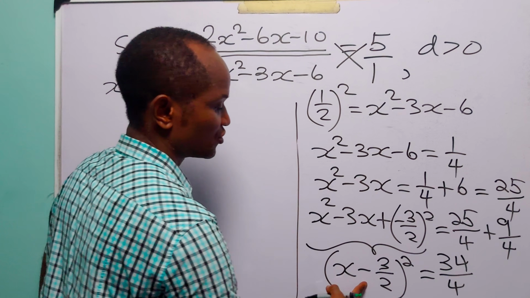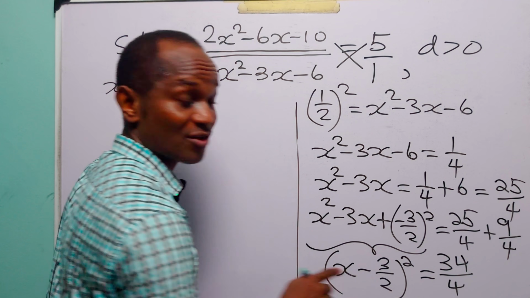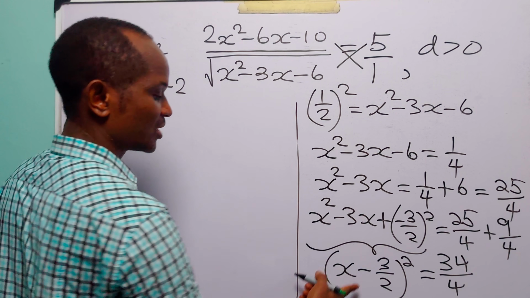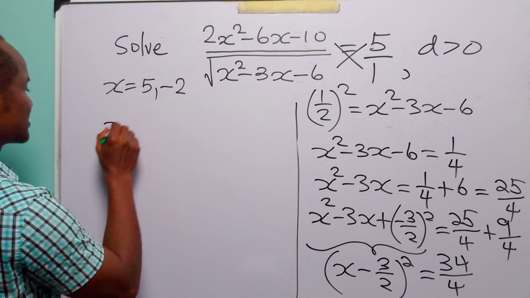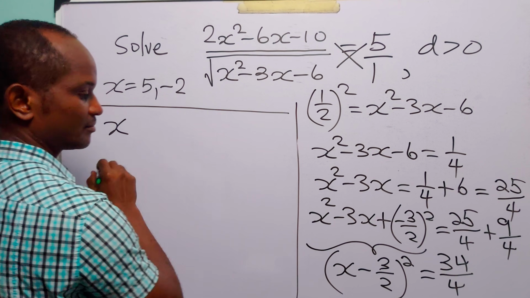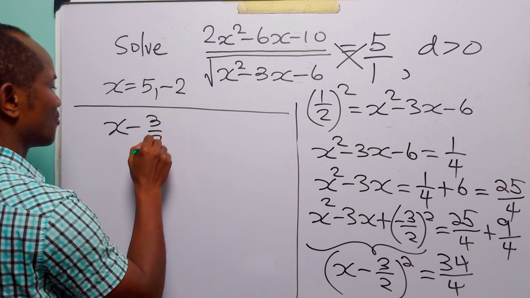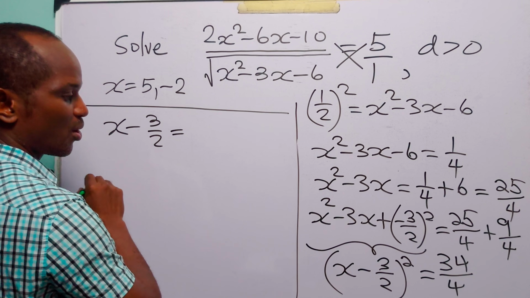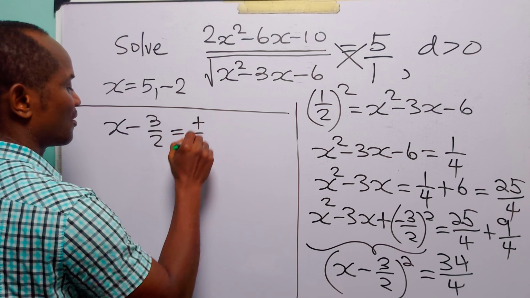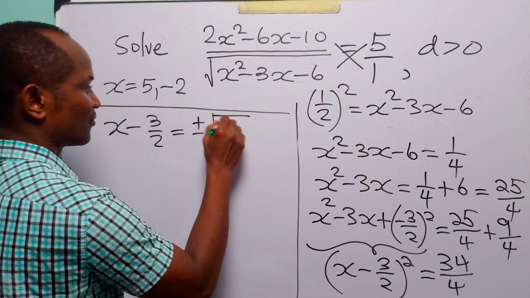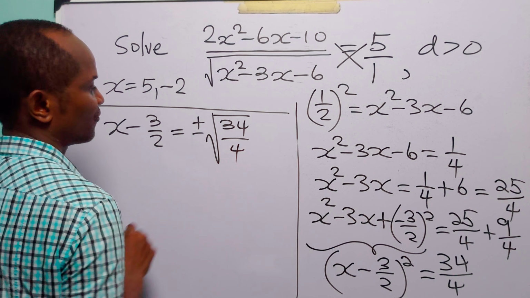The next thing we are going to do is to take the square root of both sides of this equation. And of course, when we do that, we have that x minus 3 over 2 is equal to plus or minus the square root of 34 over 4.